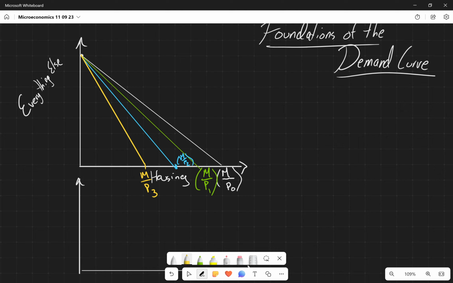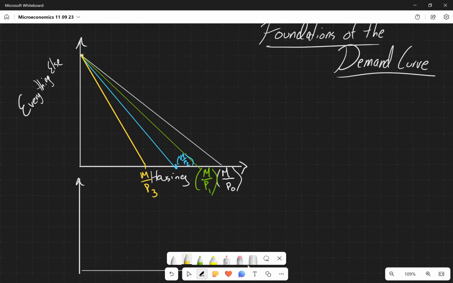Now, especially with something like this, we know that we're never going to be in a situation where we're not going to consume any of the everything else, right? We have to consume some food, we have to buy some gas, so on and so forth. And so we're not going to be on this edge case. And then also, we're not going to be homeless, so we're not going to be on this edge case, right? We're not going to be in a situation where we are spending no money on housing and all of our money on everything else. So we're at some sort of place in the middle.